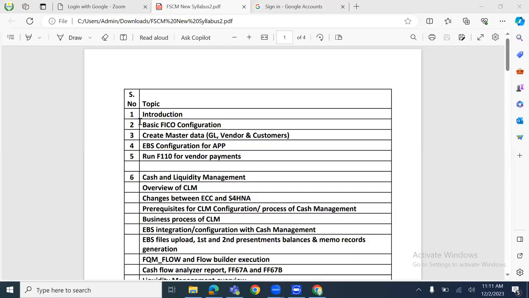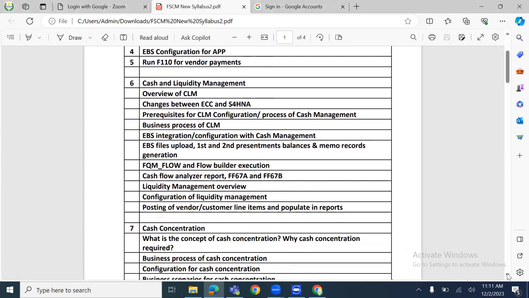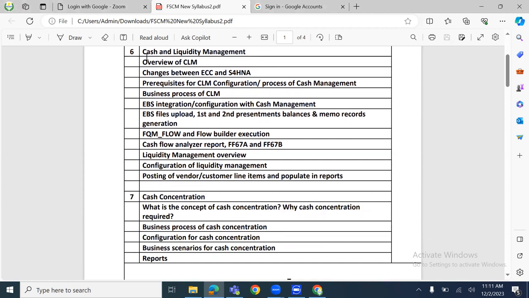Introduction, then basic configuration of FICO. Everybody is aware of these, then EBS configuration for APP, run F110. After that, the major topics are going to start from here.